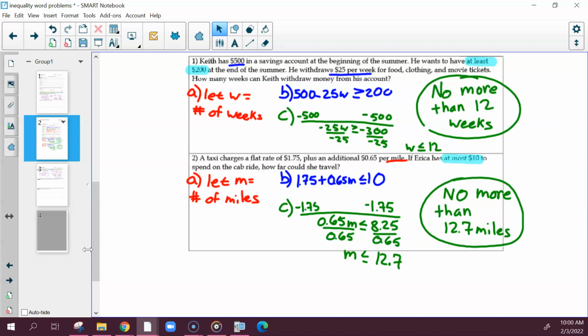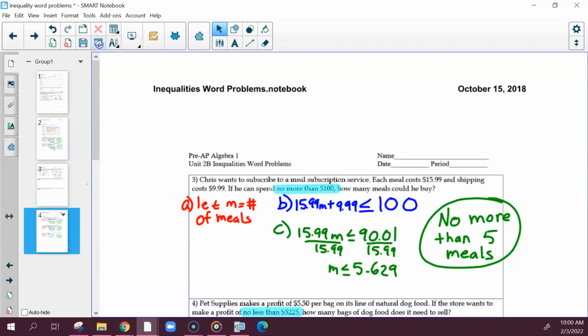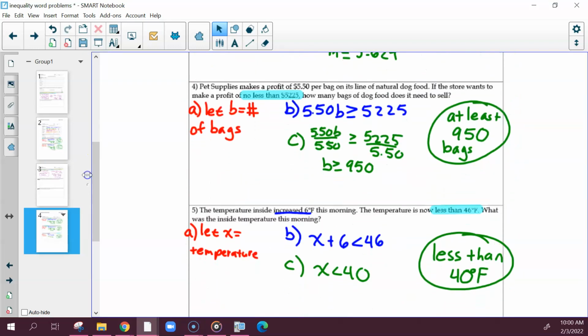I'd have to double check it, so do exact for now until I check it. The 0.7 could throw her money off. For number 4, at least 950 bags. And for number 5, less than 40 degrees.